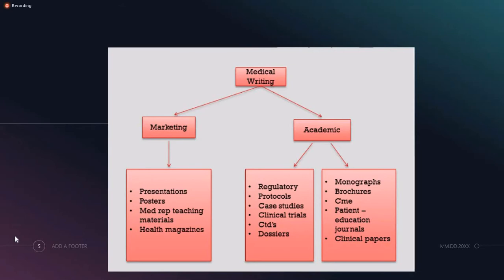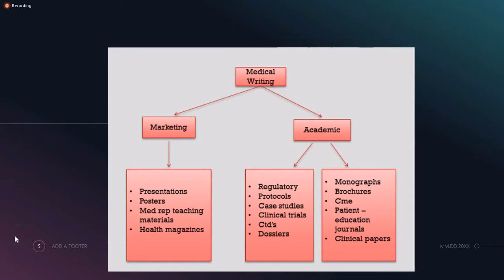So we make presentations at different conferences to sell our idea. That's called a kind of marketing thing. Sharing your scientific results and selling your idea for industrial purposes. So that includes health magazines and posters as well.